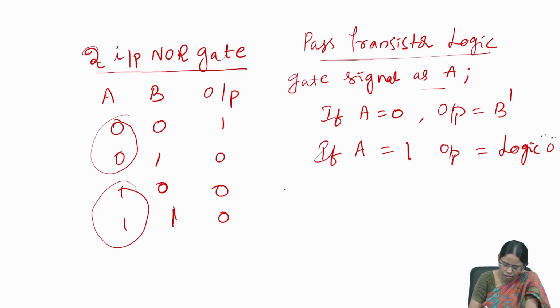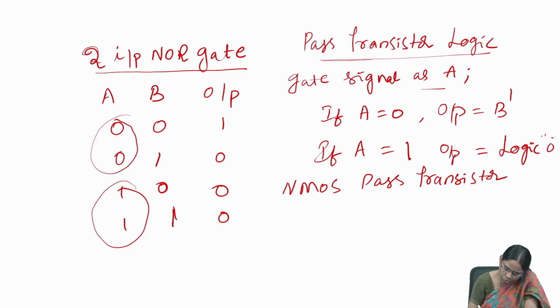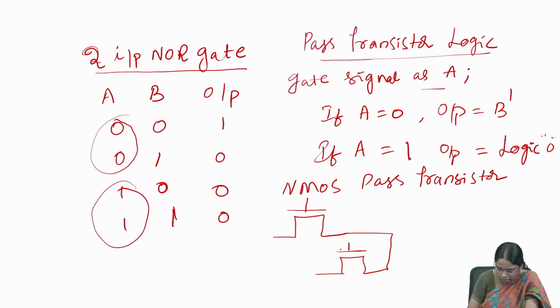So if I want to implement this with an NMOS pass transistor, if A equals 1, the NMOS transistor will be on. I have to take one more NMOS transistor, and both are together. This one is A and this one is A dash. A equals 1 means this is on, A equals 0 means this is on.